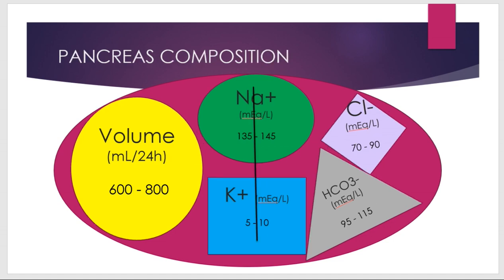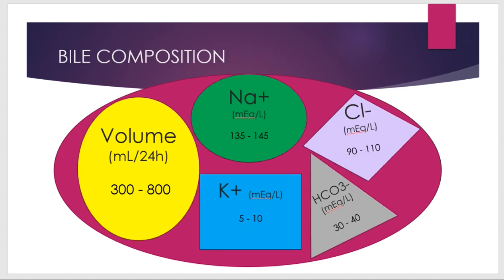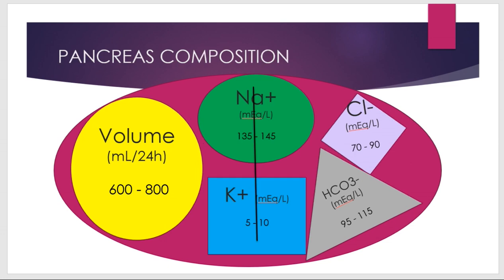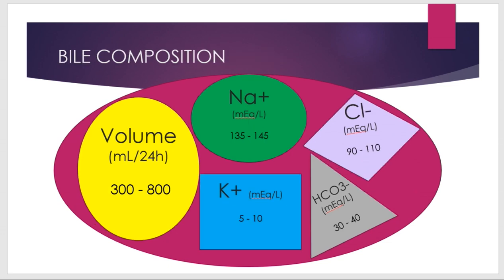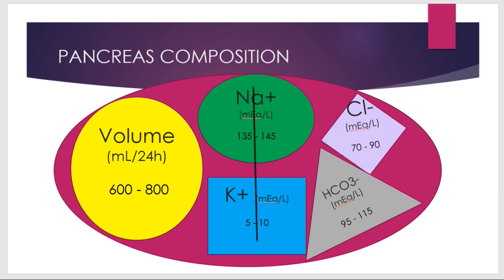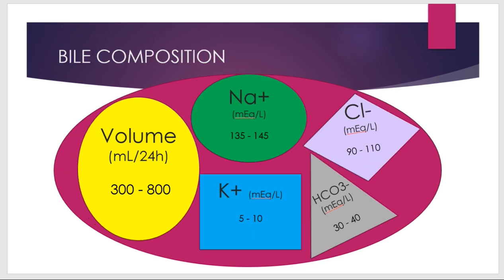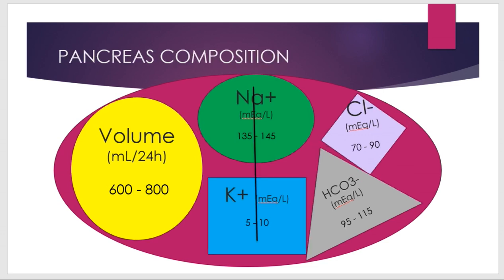Clear? So this technique of learning is basically taking advantage of visual memory, and you will remember the differentiating points very well. You may not remember the actual value, but you can always differentially tell which ion is present in lesser quantity or higher quantity between the two GI secretions.